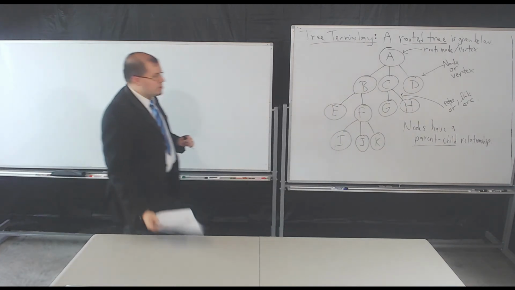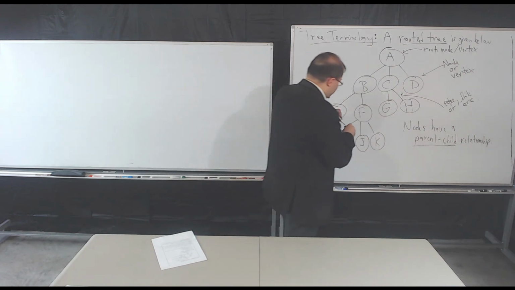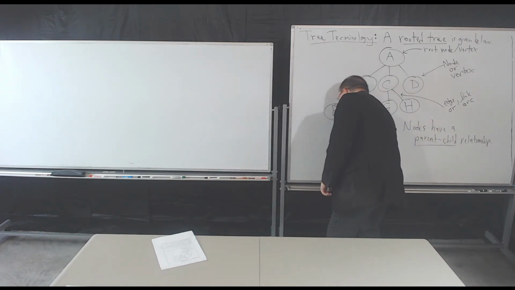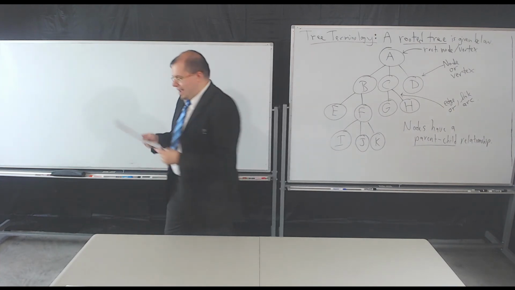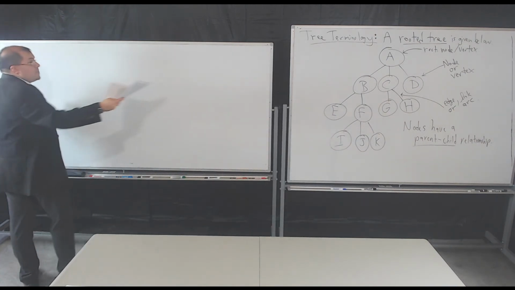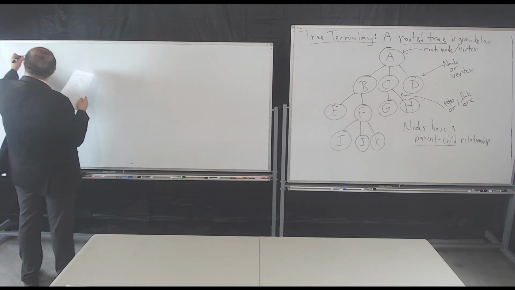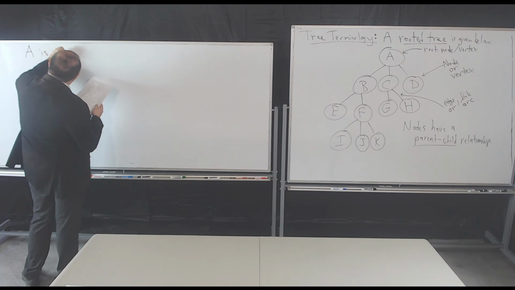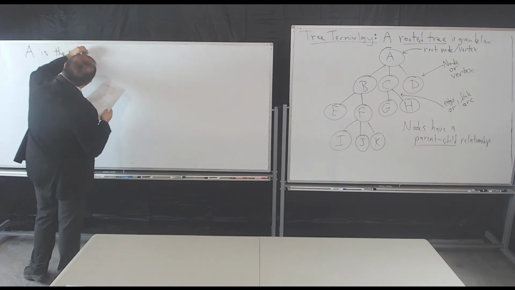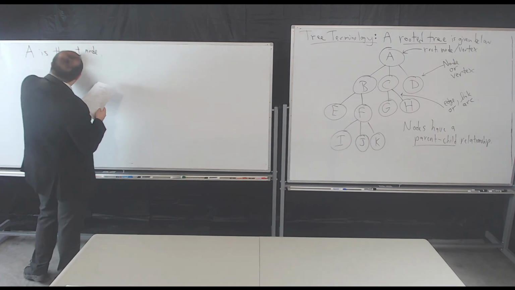So just to make my terminology a little bit clearer, I'm going to illustrate some examples along with defining the terms implicitly by doing so. Because I think it's more fun when I do it that way. Okay. So if I look at my picture over there, which one was the root again? A was. A is the root node. Typically in a rooted tree, you assume that it only has one root.